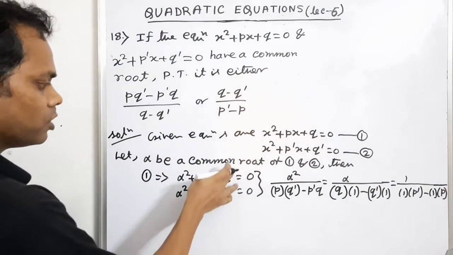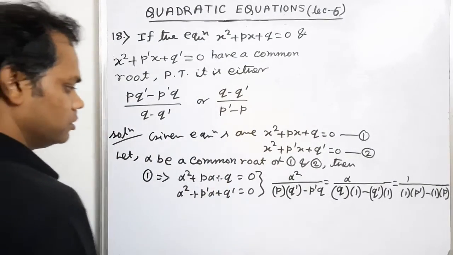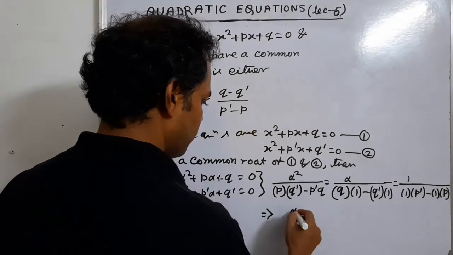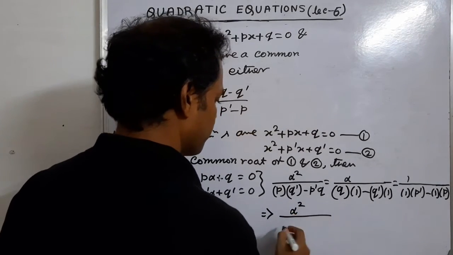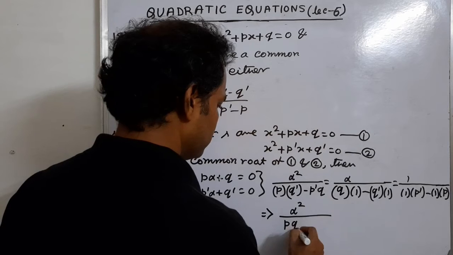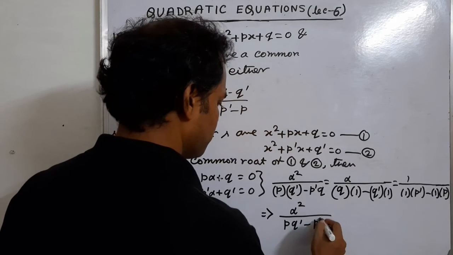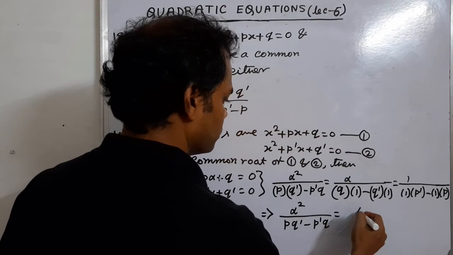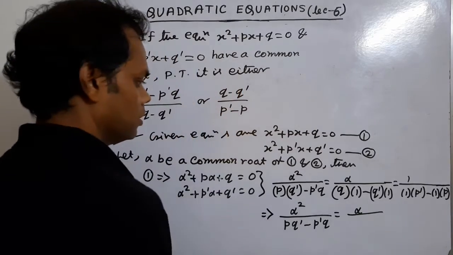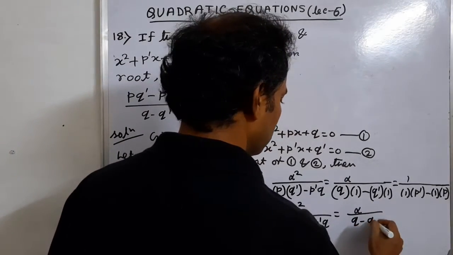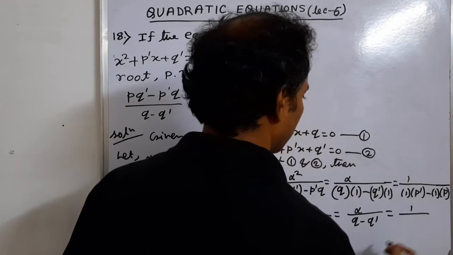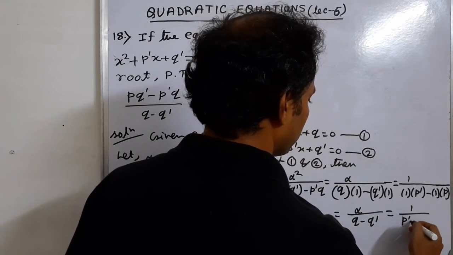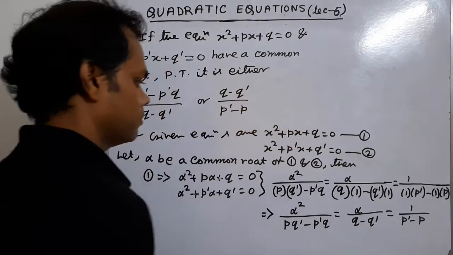So by cross multiplication of these two equations we get alpha square by p q dash minus p dash q equals alpha by q minus q dash equals 1 by p dash minus p.